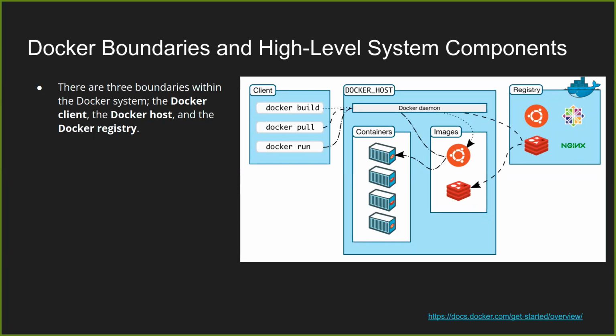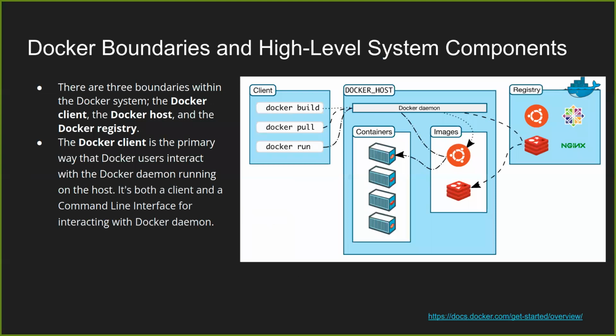There are three boundaries within a Docker system, as I mentioned in the previous presentation: the client, the Docker host, and the registry. The Docker client is the primary way to interact with the daemon, and vice versa.